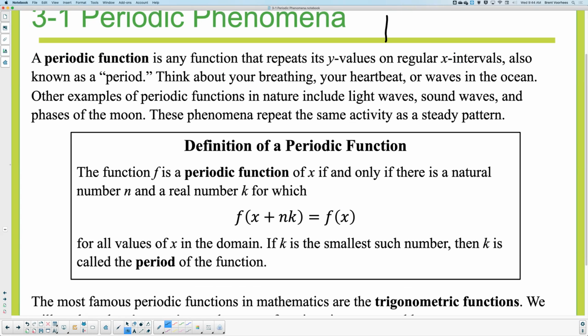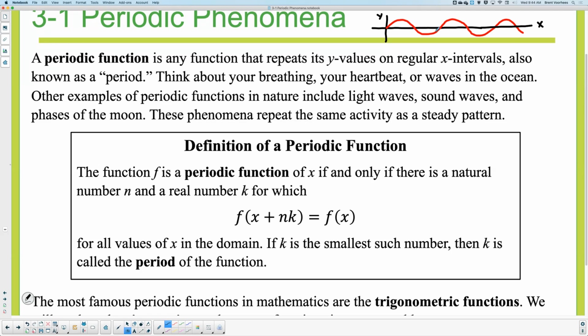So what do I mean? If you have a graph, just draw a graph up here. I'm going to do what's called the sine curve. What happens is you have a graph that repeats its y values over the same distance as you go left to right. So as you go left to right, the y values repeat.